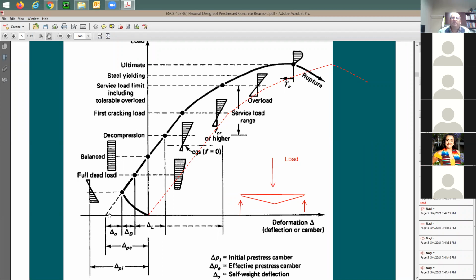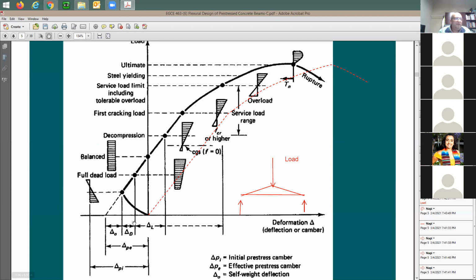So what happened at this point? Now I have the camber. So this value from here to there is going to be the amount of camber that your beam is going to see, which is the opposite of deflection. Now your beam is like this because the pre-stress, no load yet was applied, right? You're going to be right at this point.